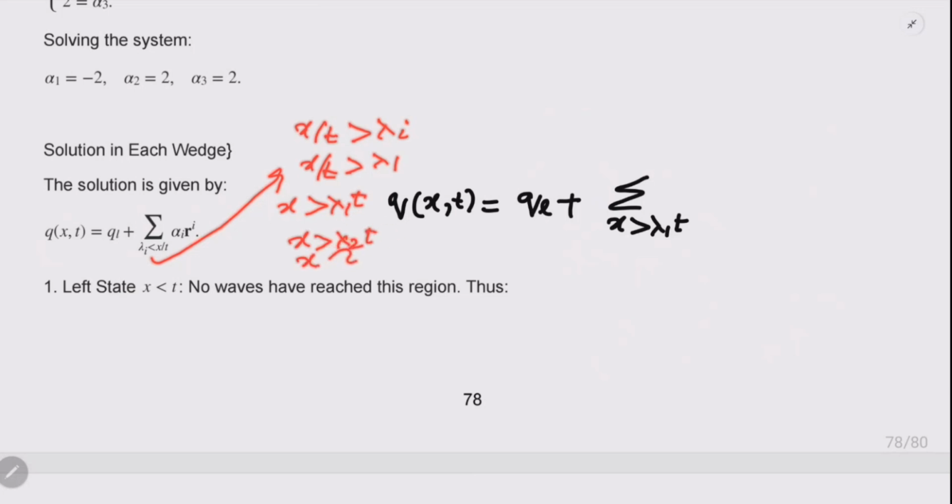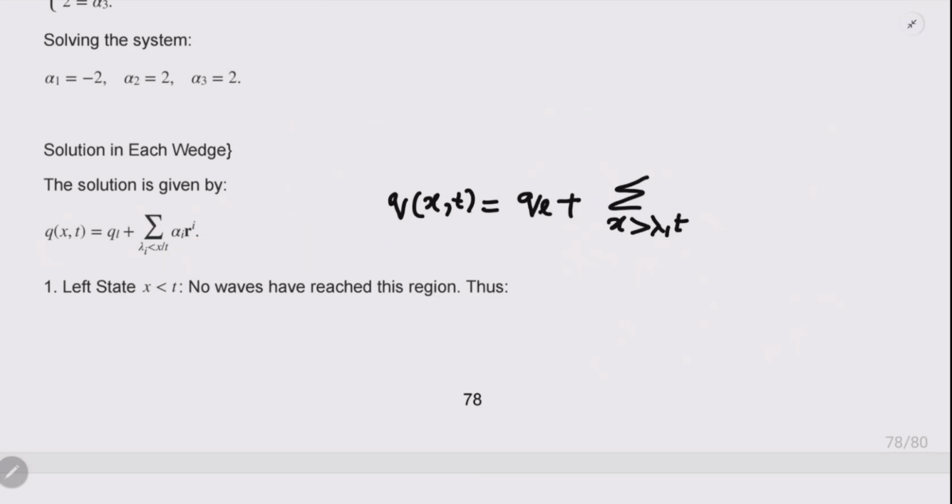When it is lambda 3, then x is greater than lambda 3 t. Then it depends how many contributions are coming from which wave: alpha 1 r1, or maybe simply alpha i ri.